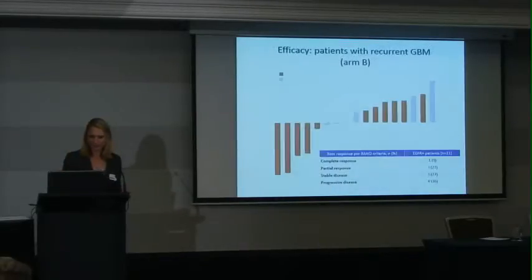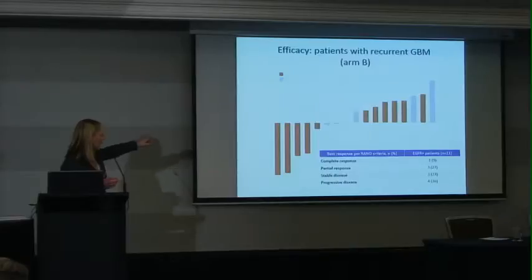Now this is what we call a waterfall plot, and this is a pretty exciting plot, and this is only phase 1 data. What you can see from the waterfall plot is that it's missing its x-axis, its numbers, all that sort of stuff, but you don't need to worry about that. What you need to worry about, or get excited about, is these lines going down. They're tumours that have shrunk.